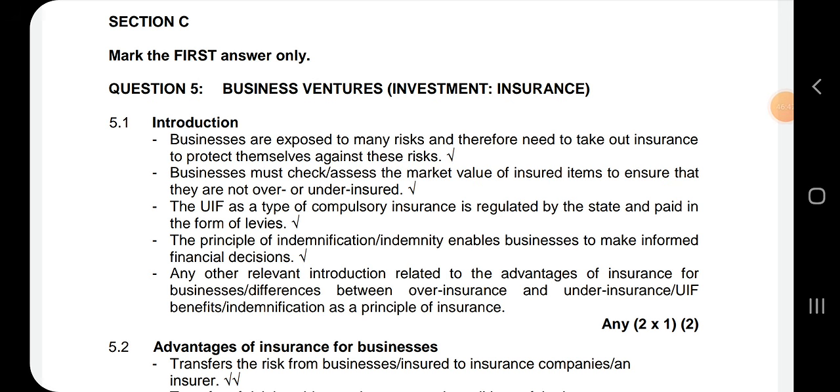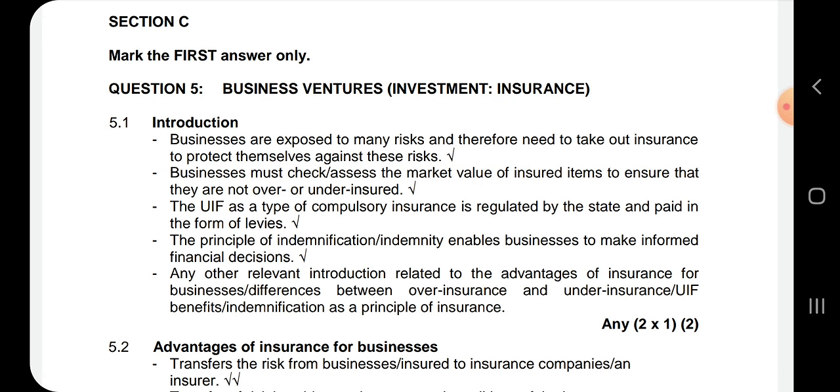In the introduction: businesses are exposed to many risks and therefore need to take out insurance to protect themselves against these risks. Businesses must assess the market value of insured items to ensure that they are not over or under-insured. Any other relevant introduction related to the advantages of insurance for businesses, the difference between over-insured and under-insured, and indemnity as a principle of insurance.